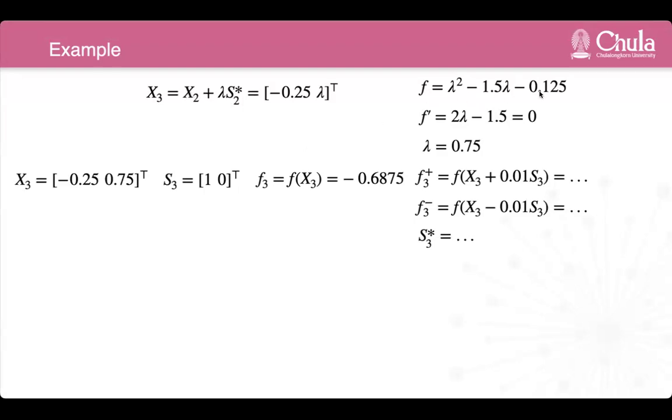Then we write the objective function as a function of lambda. Luckily, it's a quadratic function again. So we solve for lambda. Lambda is 0.75. Once you obtain the step size lambda, you substitute it back to obtain x3.